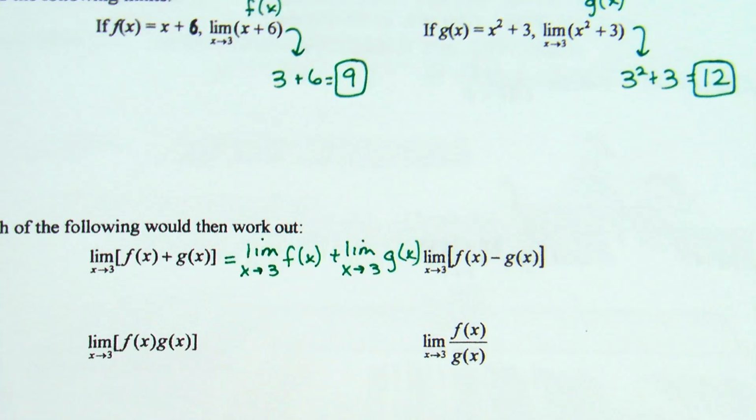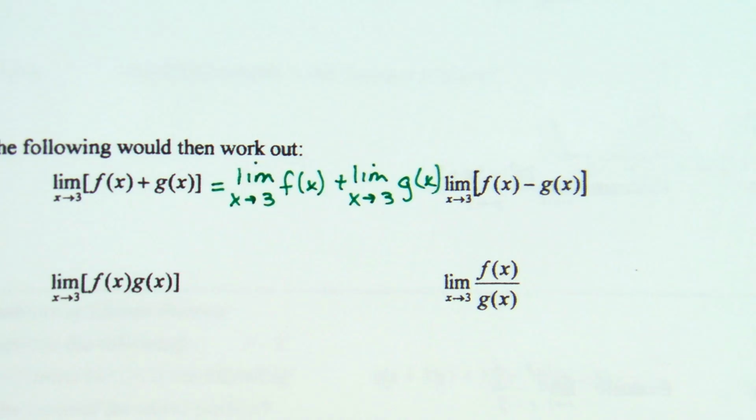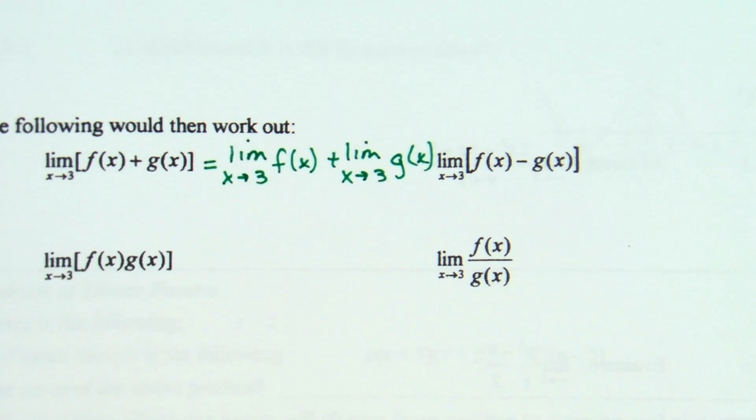Sorry, I'll zoom in so you guys can see that a little bit better. So that's what that's saying. If it's a limit of f plus g, that's the same as saying the limit of f plus the limit of g, as long as everybody's approaching the same number, right? So can you guess how basic this is to do? Nine plus 12?